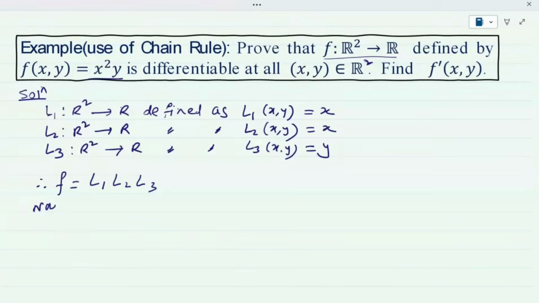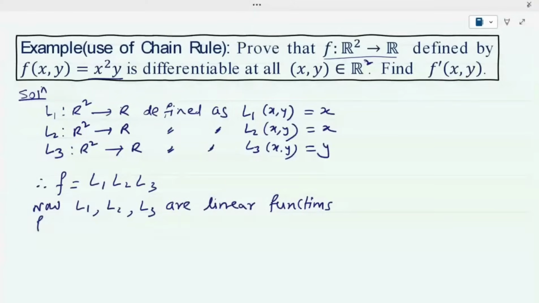Now L1, L2, L3 are linear functions from R2 to R, and they are differentiable.